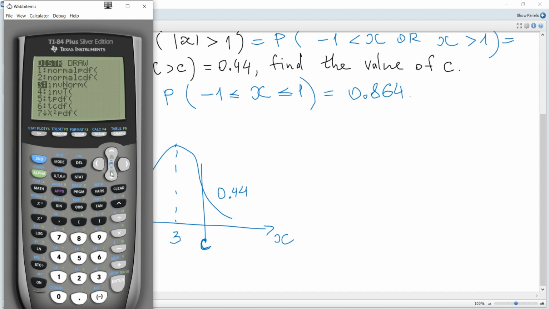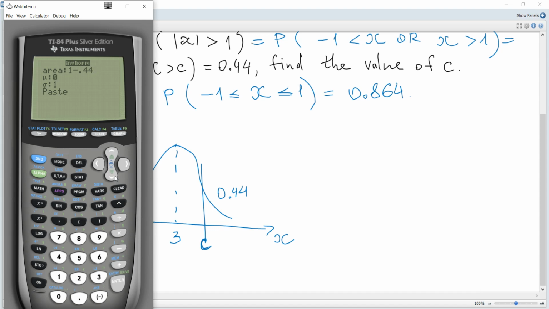And my calculator always asks area to the left from unknown value of x. So inverse normal and area, it must be area to the left from this value, so it must be 1 minus 0.44. Total area is 1, so area to the left is 1 minus 0.44.